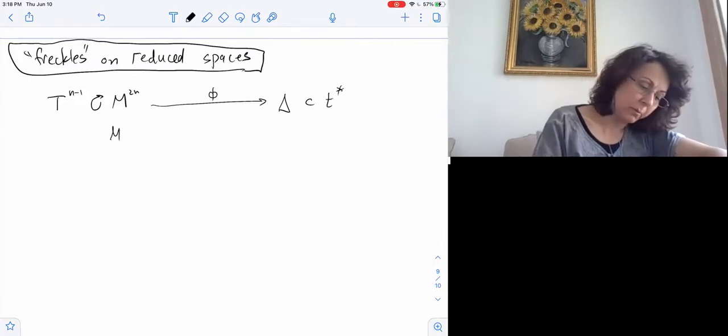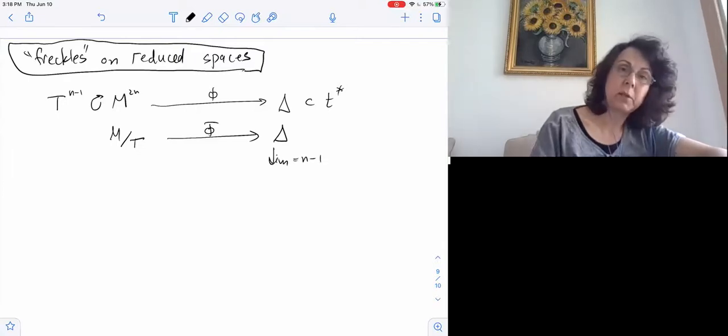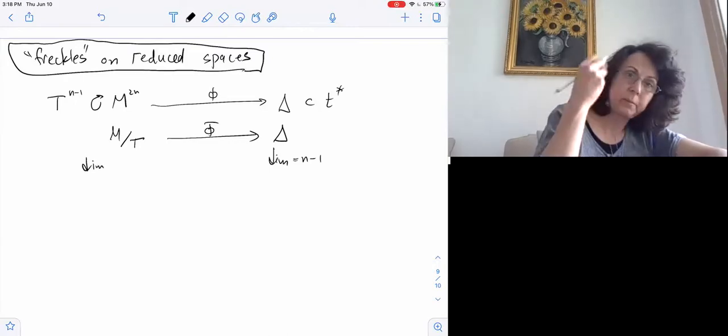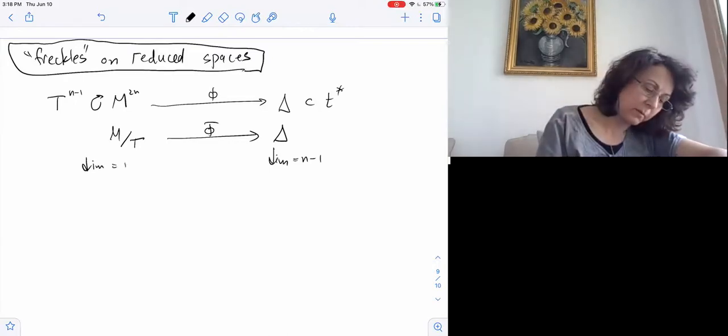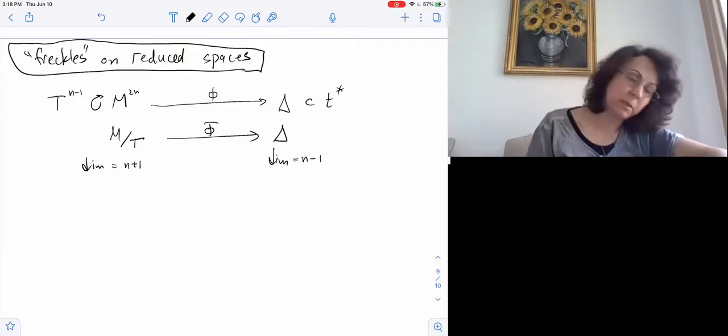And here is the orbital momentum map on the level of the quotient. Now the dimension of the target is n-1. If you wrap your brain around this, the dimension of the quotient is going to be n+1. So the level sets are going to be two-dimensional, except some of them might be single points.